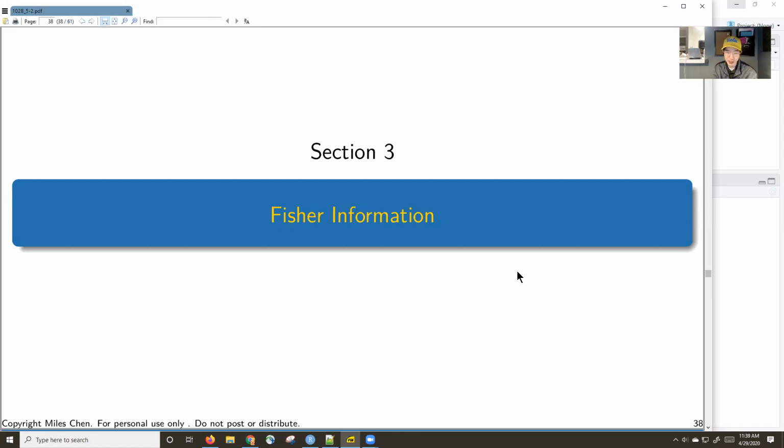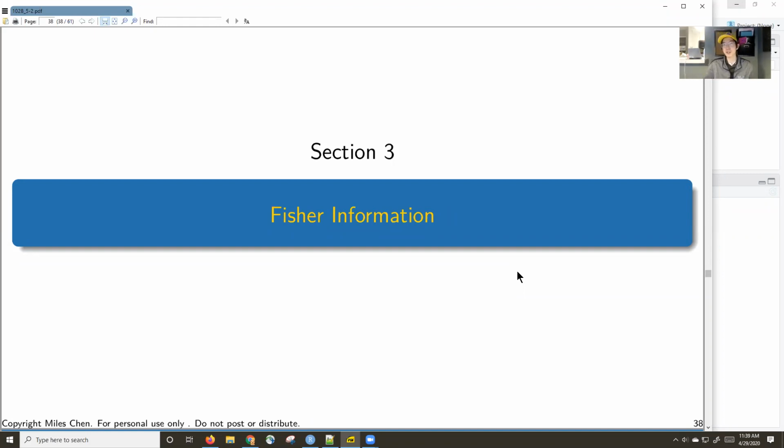Well, we'll start covering Fisher information in today's lecture, and I'm certainly not going to have enough time to get through all of these slides and get through the whole concept. Fisher information is a tough concept, so I'm going to simplify it and give you just the easy version or big idea without getting too much into the theory.